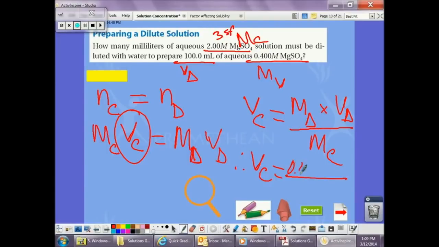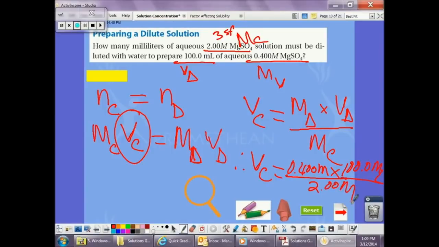Therefore, V concentrated equals M diluted, which is 0.400 molar, times my V diluted. As long as you keep the same unit for your volume, you don't have to convert it back. Do you understand? So I can use 100.0 ml over my M concentrated, which is 2.0 molar.